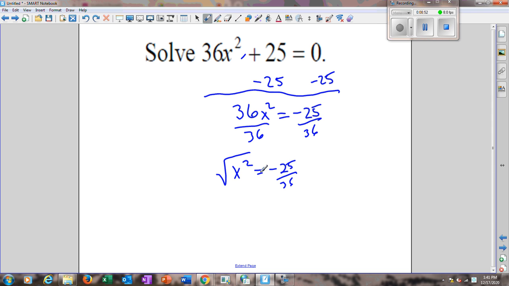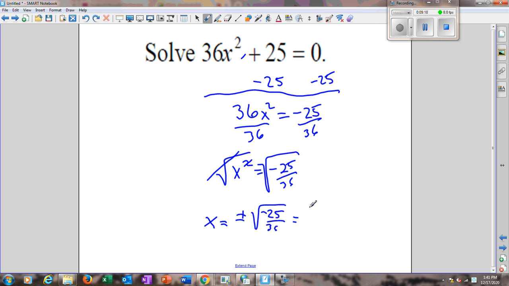Now I take the square root of both sides. That square root's going to cancel the square out. Left with x equals plus or minus the square root of negative 25 over 36. And now I have to break this down.